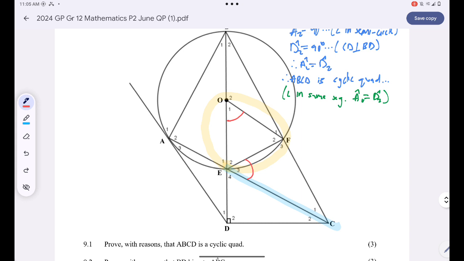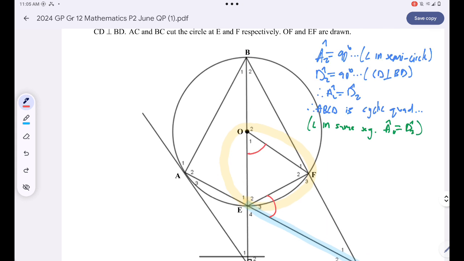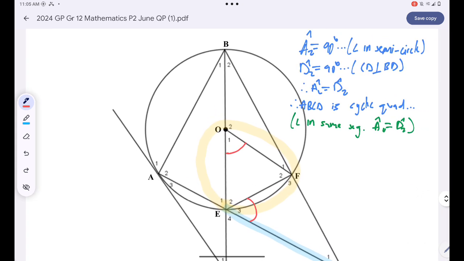Okay, E3. Remember that, guys, I know that angle E3 is just equal to angle ABC. That's an exterior angle of cyclic quad ABFE.